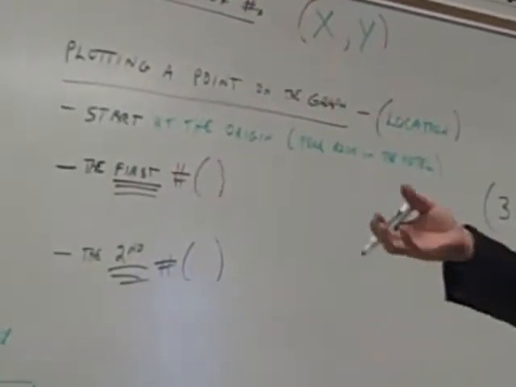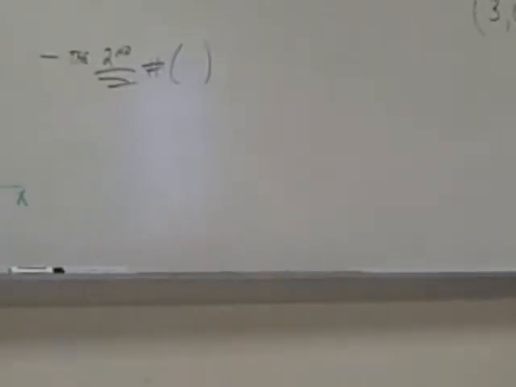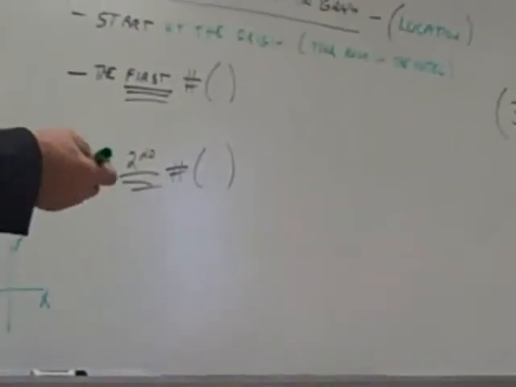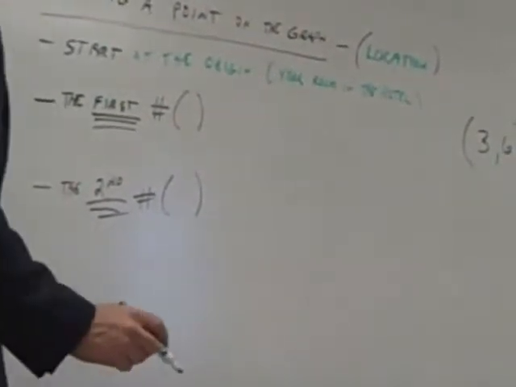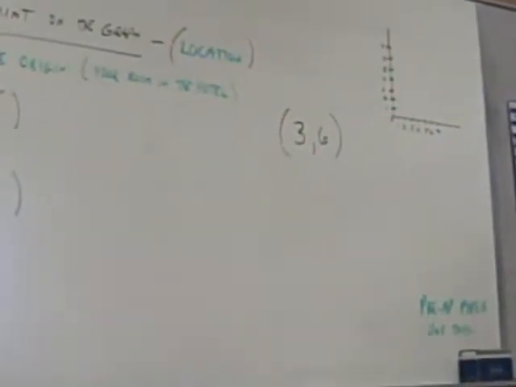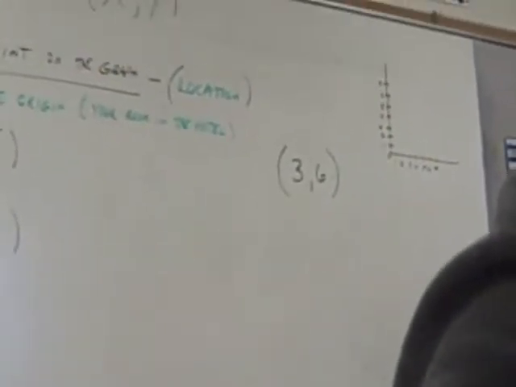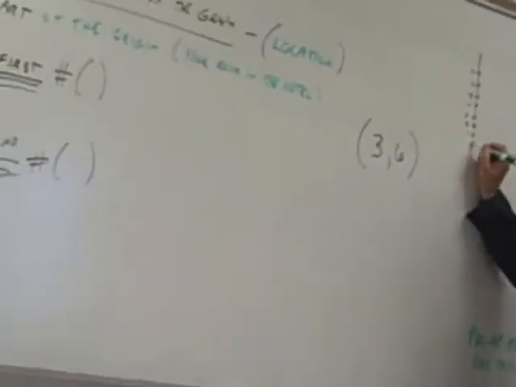This method, y'all, you can take it or leave it, but this is how I remembered it and how I teach it. Your room at the hotel is right there at the origin. We're just going to deal with quadrant 1 today. Tomorrow we will throw 2, 3, and 4 in the mix. Today we're just going to make it nice and easy and just deal in quadrant 1. So our room is right here.